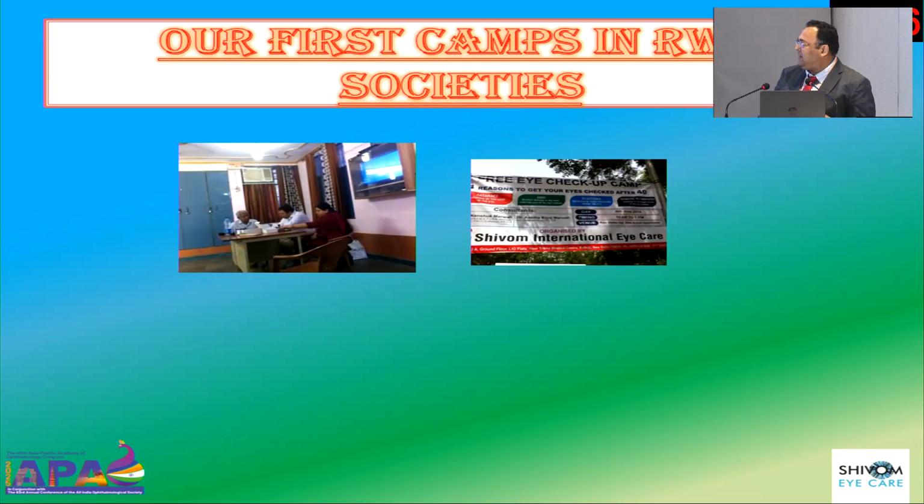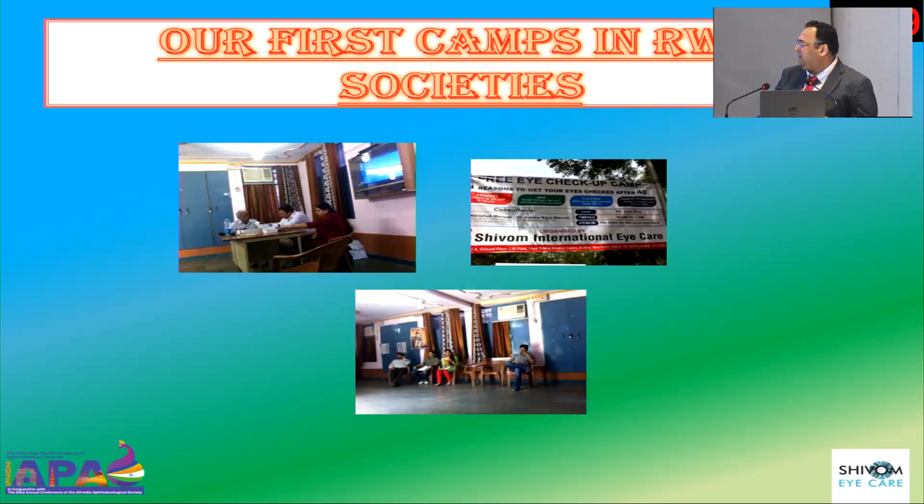Once I started my private practice, in and around my clinical area there were many RWS societies. RWS is a resident welfare society. In most of the metro cities in India you have RWS societies, and there you can go and make people aware of diabetes and glaucoma, because most people don't even know about such conditions. Despite so much modernism and scientific advancement, people are still unaware.